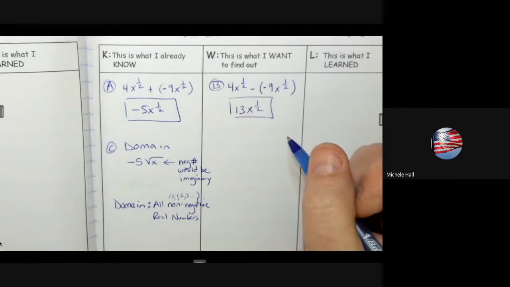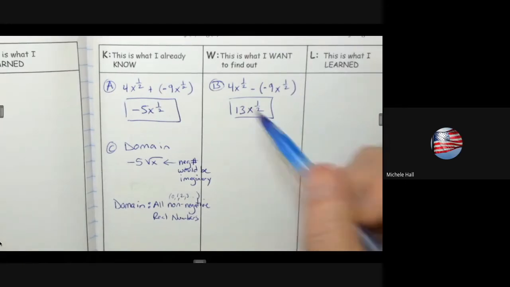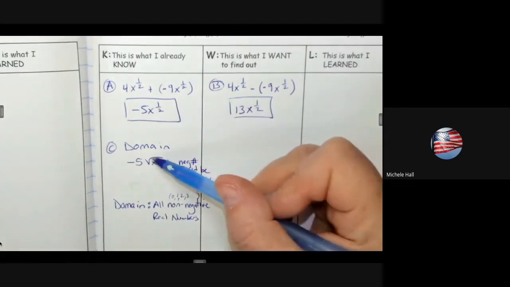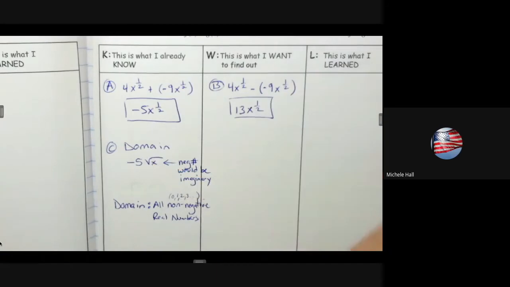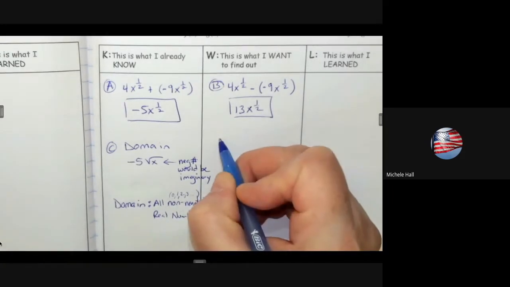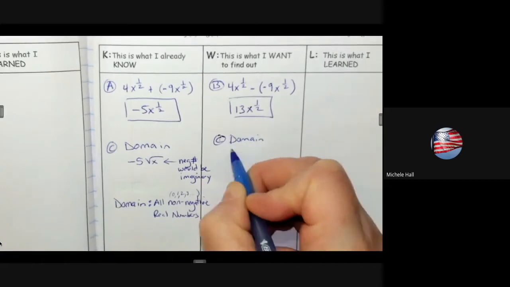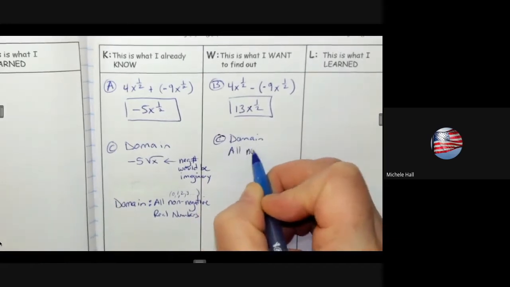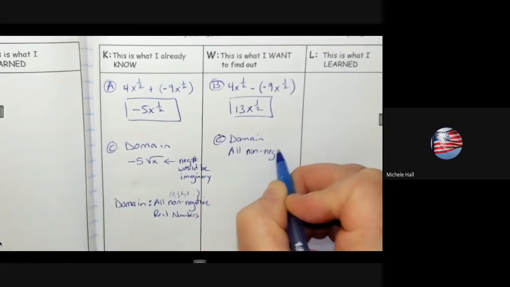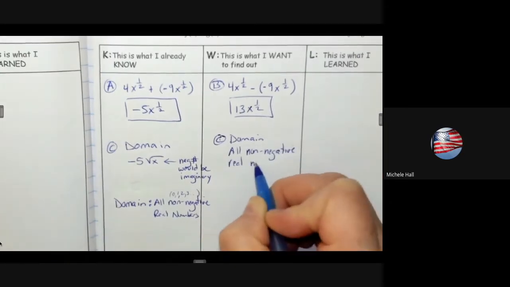And again, this is going to be the same. Remember that these are even roots. That's the square root, an even root. If it was an odd root, it would be all reals. Any even root, you cannot have negative numbers. So again, for this one, the domain: all non-negative real numbers.